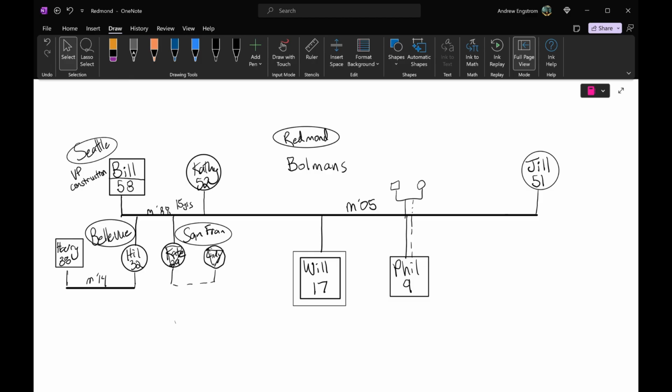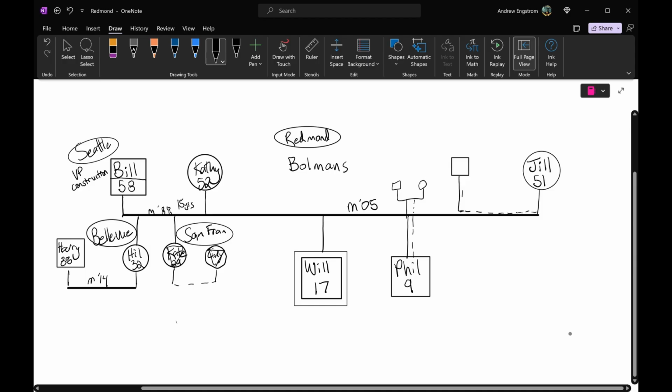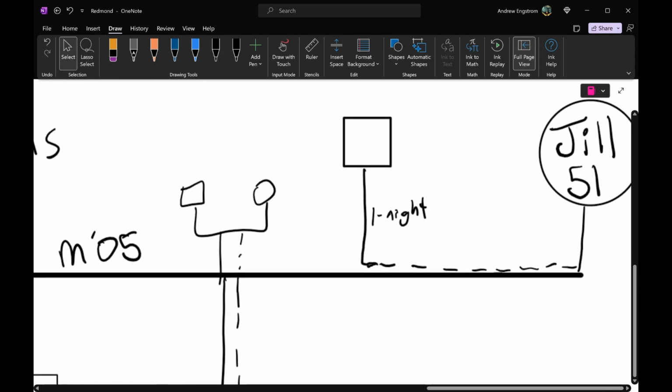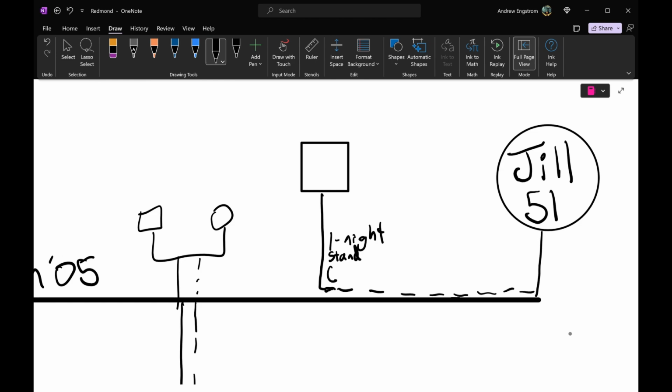So Jill hasn't been married previously, but did have a significant relationship before that. And we're actually going to put dotted lines because they were not married. In fact, this was a one-night stand. Let's zoom in for better clarity here. And this certainly does happen, and they do have a bit of a family secret here.